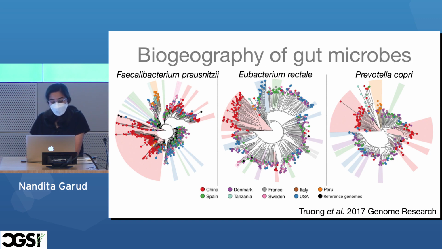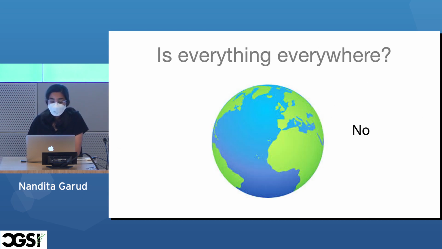And what I'm showing you is data from Truong for Faecalibacterium prausnitzii, E. rectale, Prevotella copri. Colored in these dots are data from different individuals from different parts of the world. And what you see is actually there is clustering of the genetic identity of these strains from around the world. And so it does seem that the answer to this question, is everything everywhere, is no.